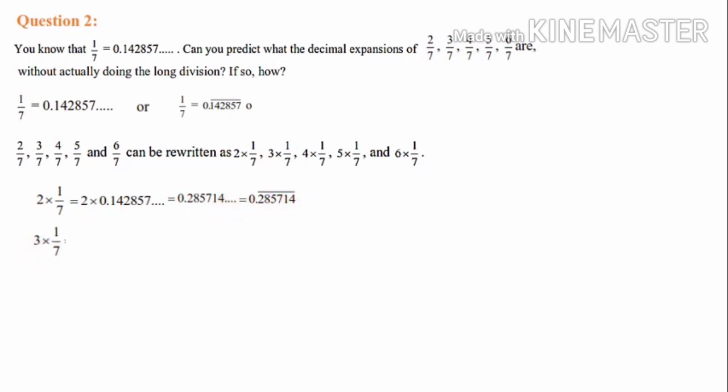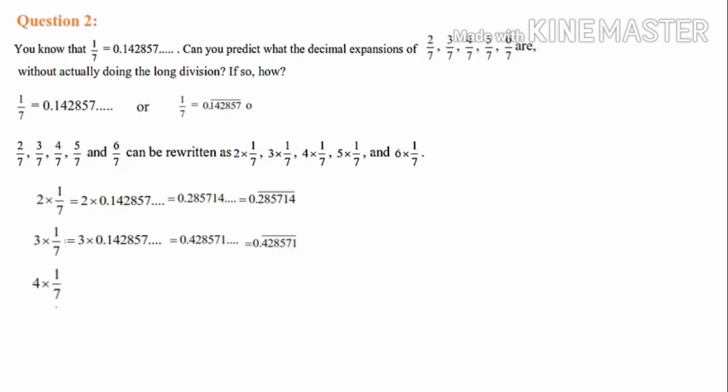Next, 3 into 1 by 7, the value we have to substitute, that is 0.142857. When you multiply it, you will get the answer as 0.428571 etc. Means 0.428571 bar, because these digits are repeating regularly. So we have to put a bar on top of these digits.